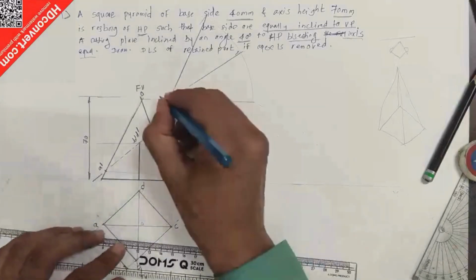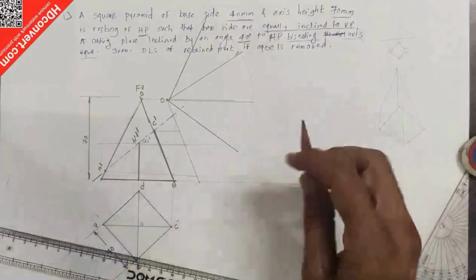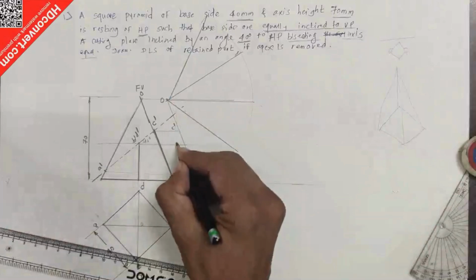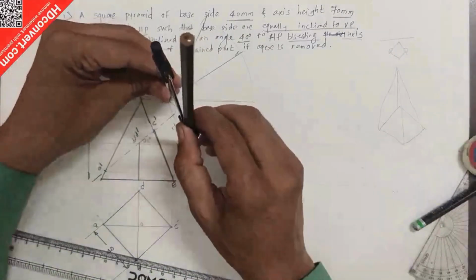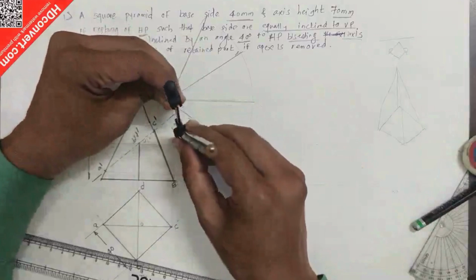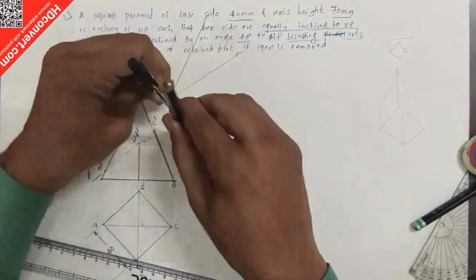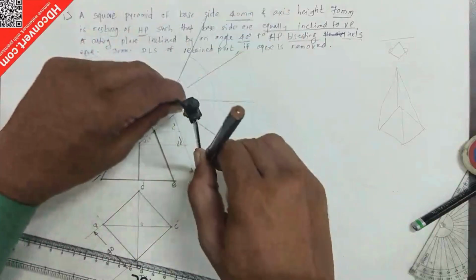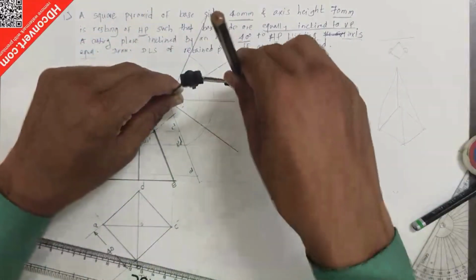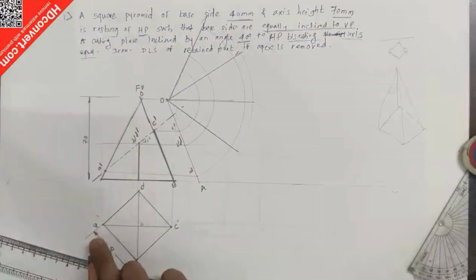Suppose this is O. From this O, I take the distances to C', B' D', and A', and make arcs like this. Similarly from this A, like this. Then I mark the point as A, because our starting point is A.